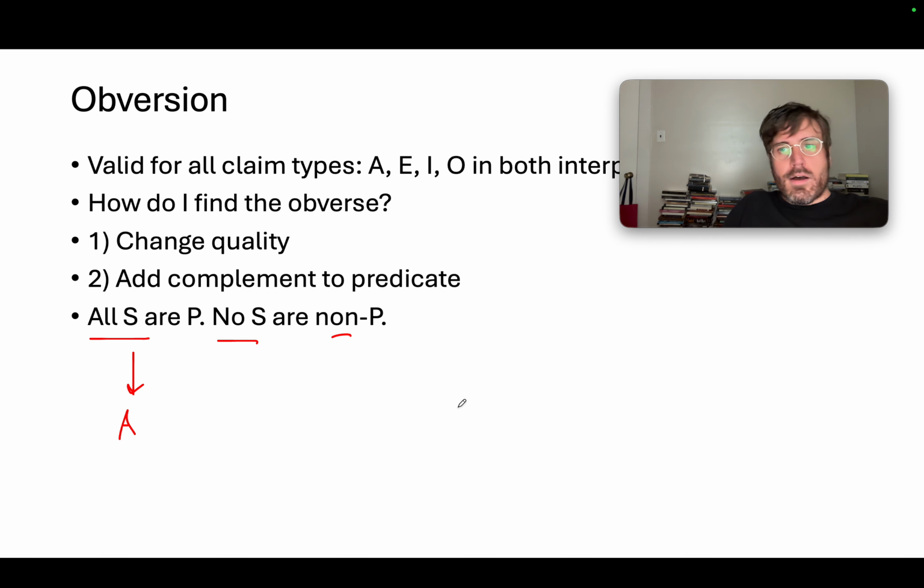So if I were to give a concrete example, if we have an A sentence like this, all teachers, where teachers are our S class, all teachers are geeky persons.